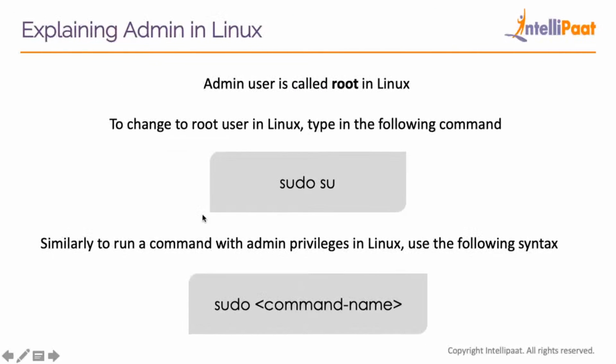So when you use sudo in front of that command, it basically runs that command with admin privileges, right? So this is again something which might be useful to you. So if something is giving you a permission error, just try running it with sudo, and then that permission error will disappear, right? And that basically happens because sometimes normal users do not have admin privileges, and when they don't, they are not able to run that particular command, and for that you basically will have to use sudo.